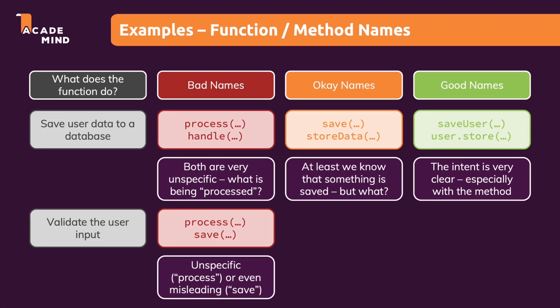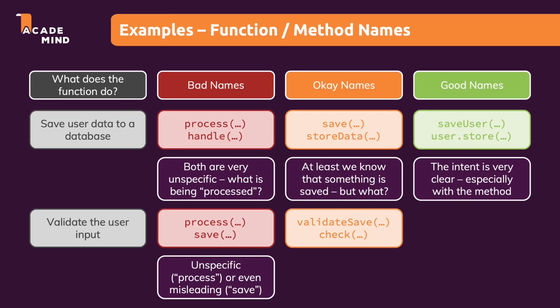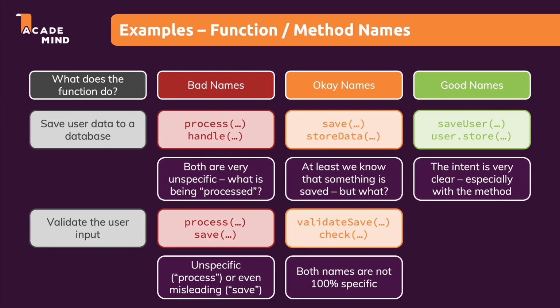Now, better names could be validateSave or check. ValidateSave could imply that we do both validation and saving, so it's still not ideal, but if that is what we do, it's okay. Check is okay. It makes it clear that we're checking something, but it's also not really specific, and it leaves us guessing. Both names leave us guessing on what's happening exactly.